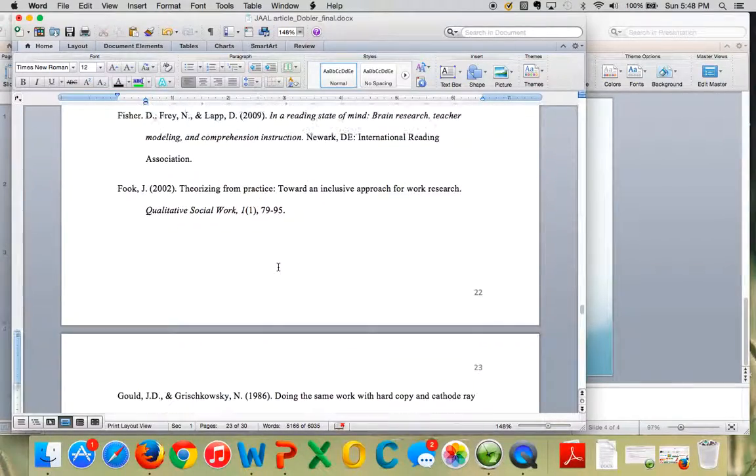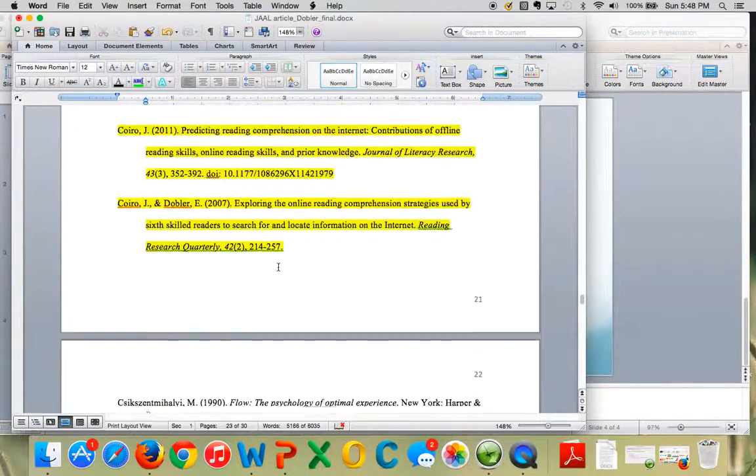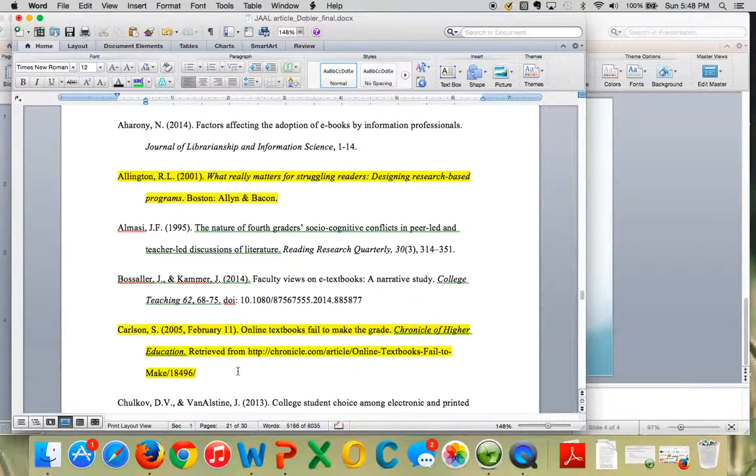All right, I'm going to go back up here to Carlson that we skipped before, because Carlson is an article from a periodical. And in that case, you would include the date of the periodical. So that would be newspapers, magazines, something that's published daily or weekly or monthly, but it's not a journal.